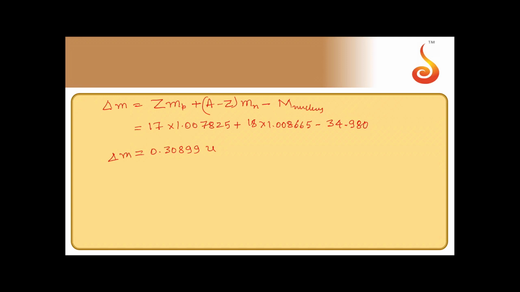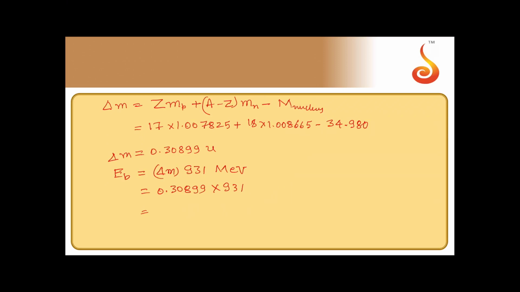See, notice one thing here. Delta M you are directly obtaining in atomic mass unit, so multiply by 931 MeV to get the energy. So binding energy EB is equal to delta M into 931 MeV. So that will be 0.30899 into 931.